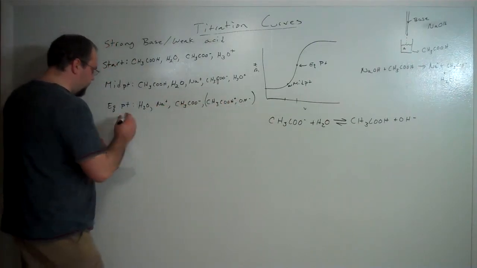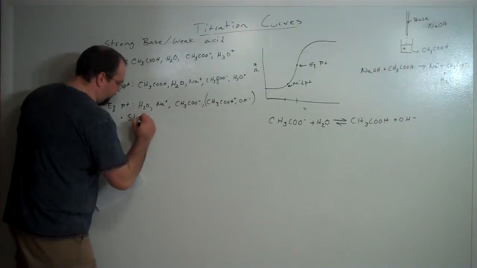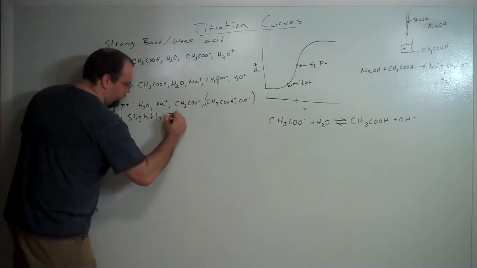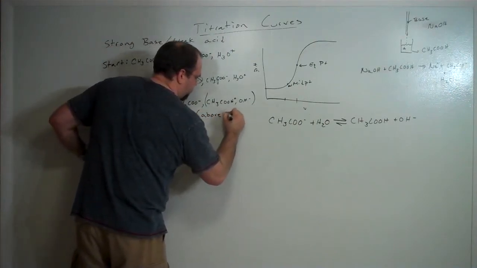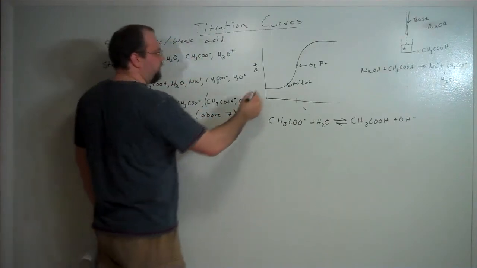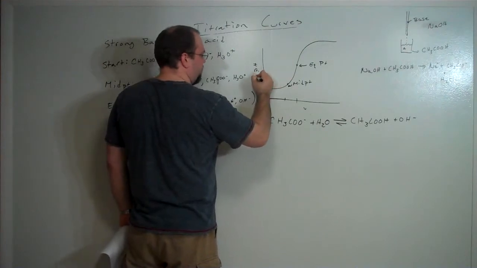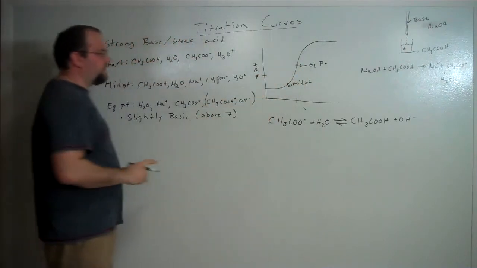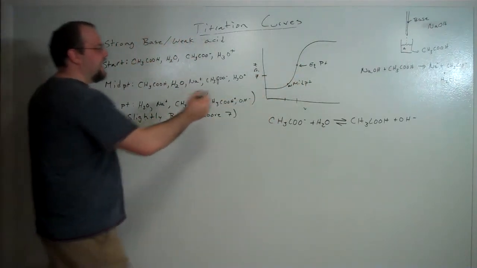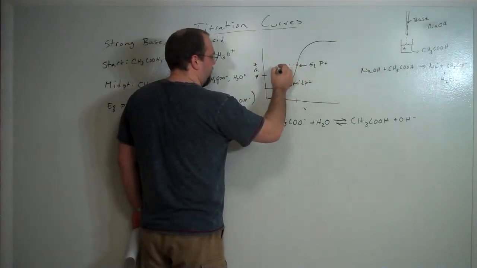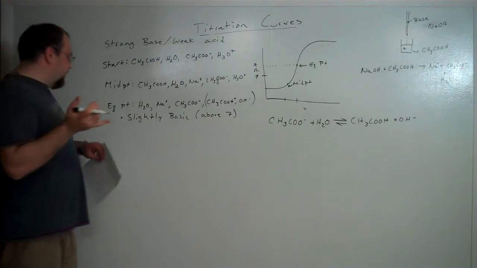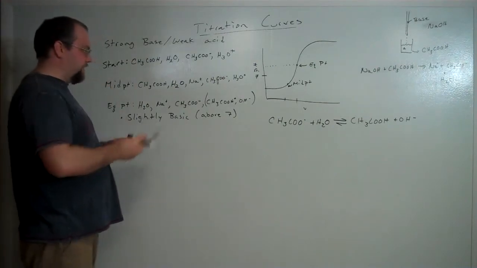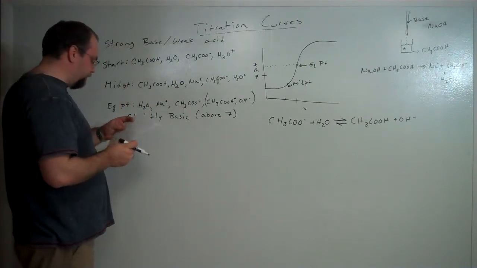That's important because it's slightly basic. Probably saw that coming, or above 7. So when I put my pH here, I'll put 7 right here. My equivalence point is actually going to be slightly above 7. Now, I kind of made that drastically above 7, but that graph's a little bit messed up because of my midpoints everywhere.